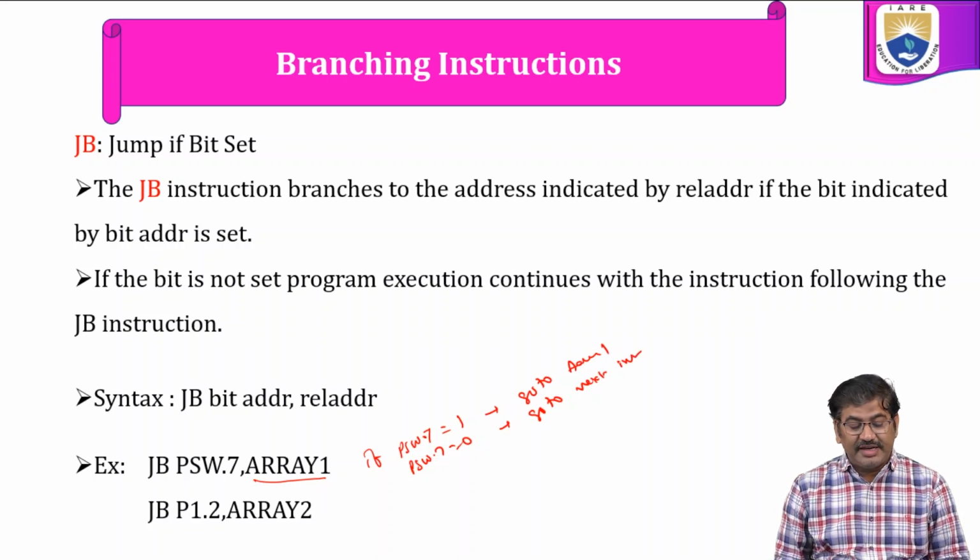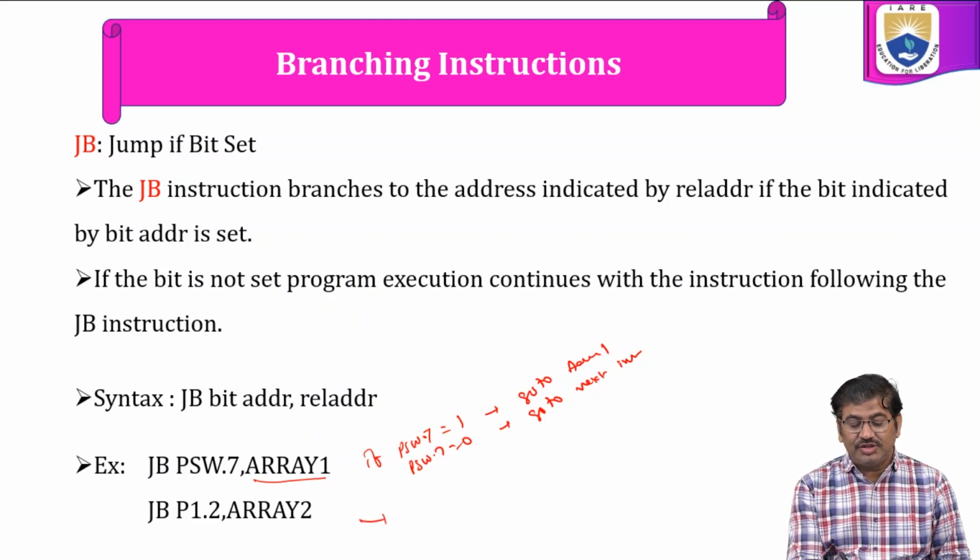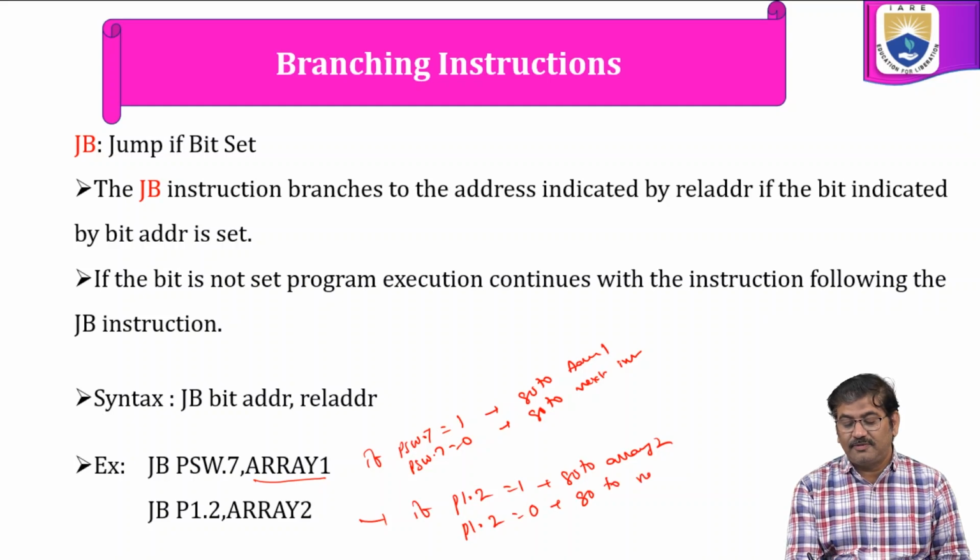Similarly, for the second example, JB P1.2, ARRAY2. Here the condition it checks is whether port 1's second bit is equal to 1 or 0. If it is 1, go to ARRAY2. If P1.2 is equal to 0, then go to the next instruction.